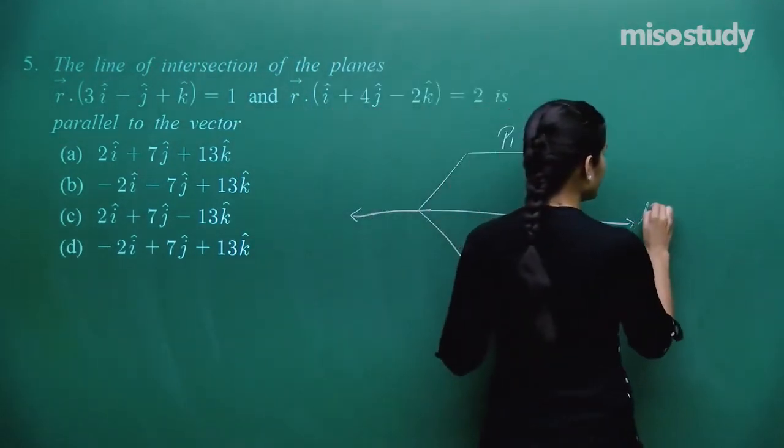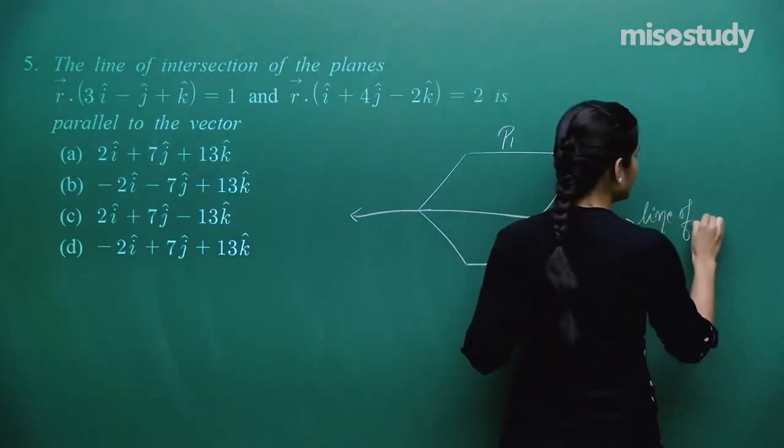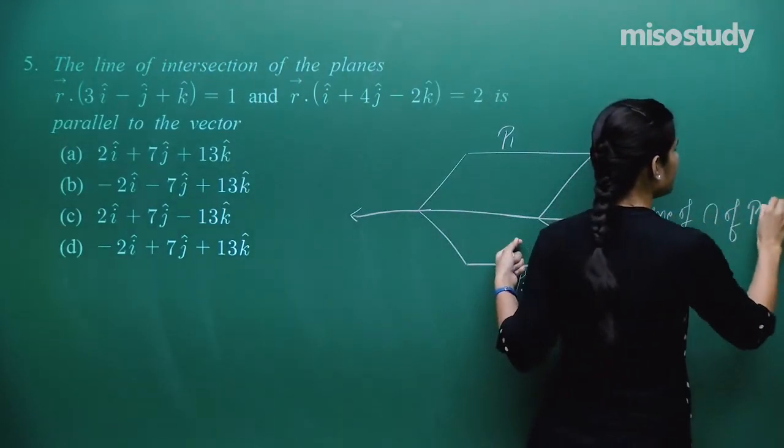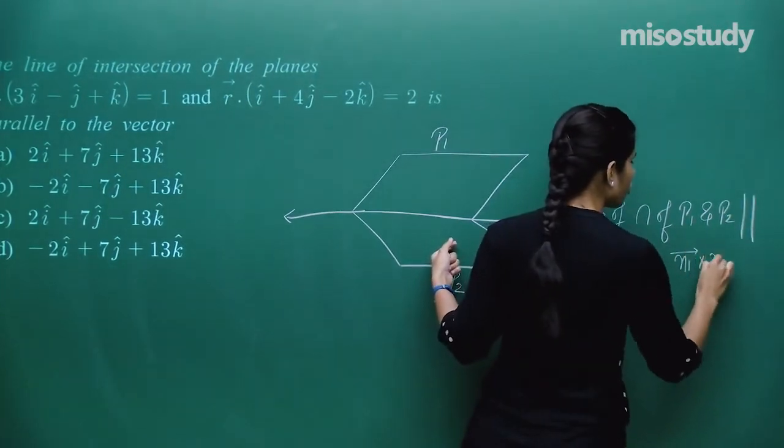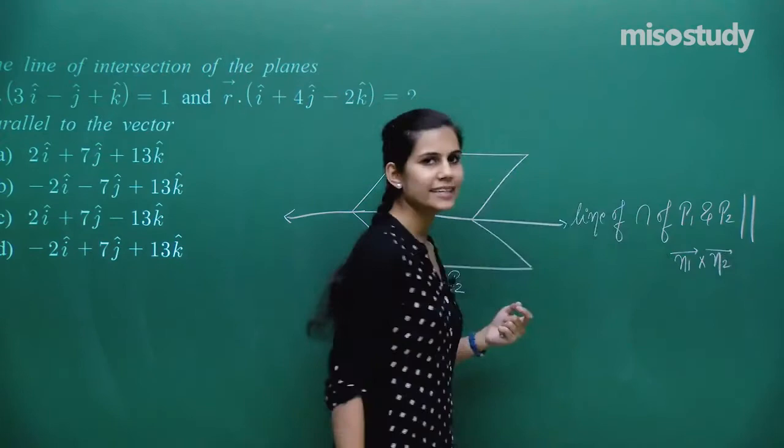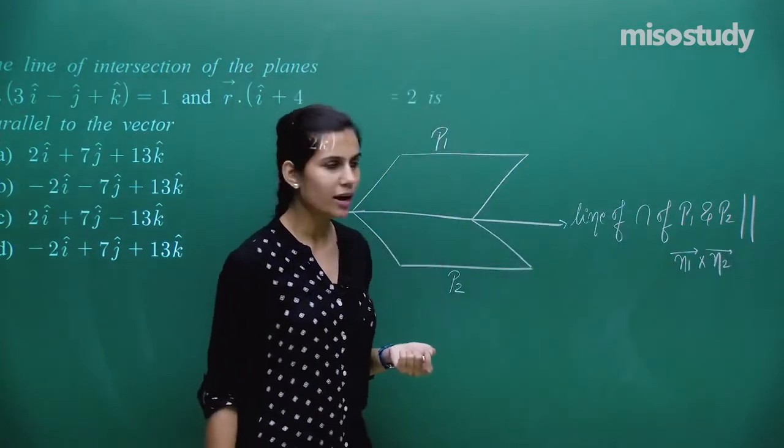So this line of intersection of P1 and P2 is actually parallel to N1 vector cross N2 vector. That is it. This is the only concept required over here.